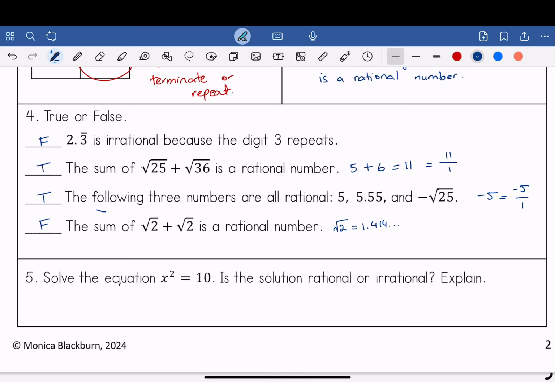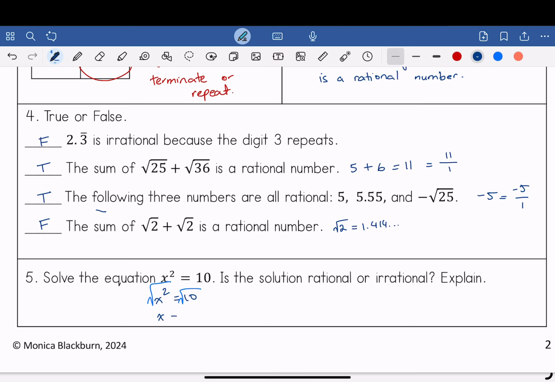Question 5, solve the equation x to the power of 2 equals 10. Is the solution rational or irrational? Explain. So x to the power of 2 equals 10. We need to isolate the x. To isolate the x, I'm going to find the square root of x to the power of 2. What you do to one side, you do to the other.